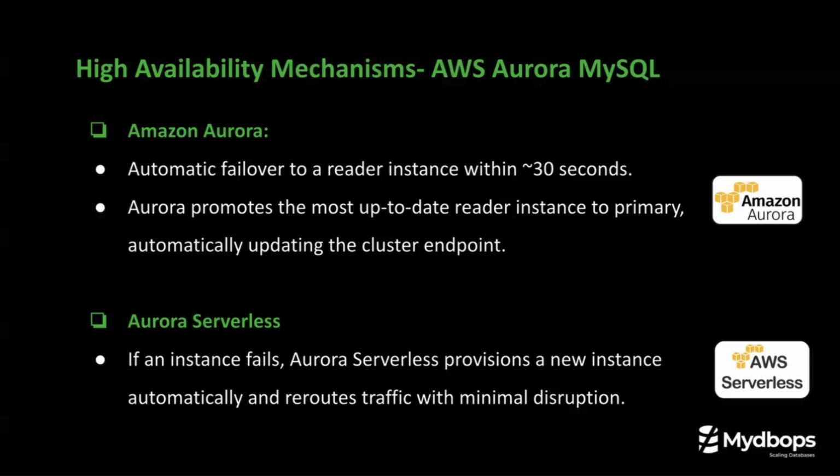Whereas Aurora Serverless handles failures a bit differently compared to standard Aurora. Instead of promoting a standby instance, it takes a more dynamic approach. First, AWS continuously monitors the database, and if an instance fails, Aurora automatically provisions a new one based on the required compute capacity. During the failover process, existing database connections are temporarily put on hold rather than being terminated immediately. That helps your application by not reconnecting manually.